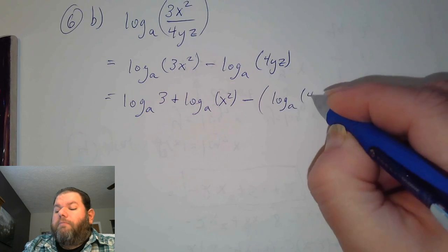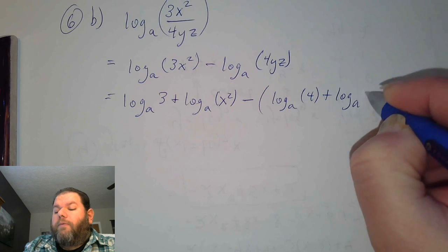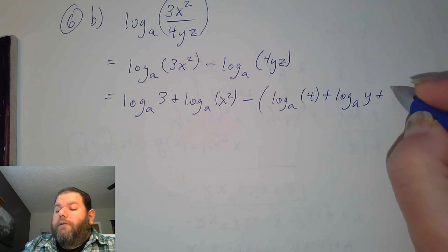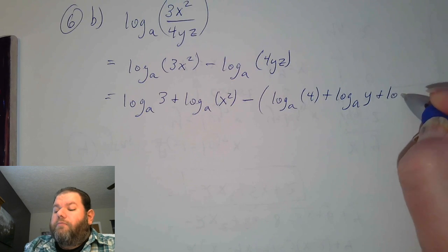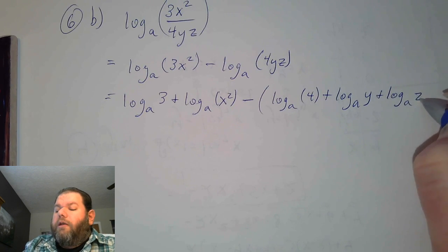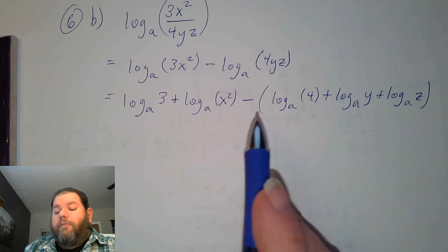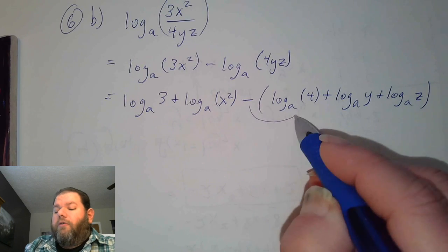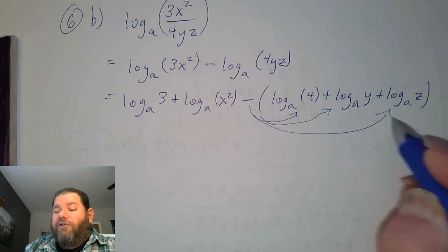We can get log base A of 4 plus log base A of y plus log base A of z. Now the thing we have to be careful of here is that there is a minus sign in front of this logarithm, so that minus sign will have to apply to each of those three terms.